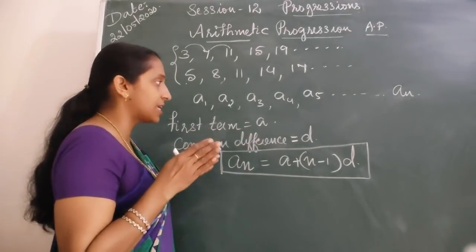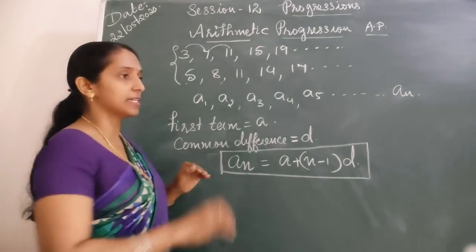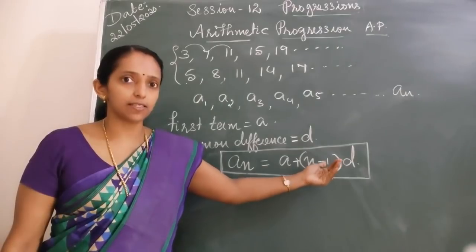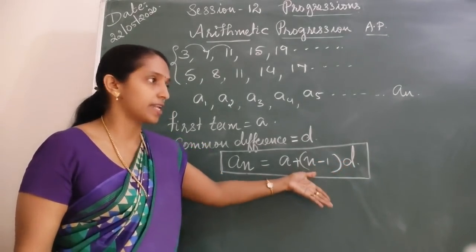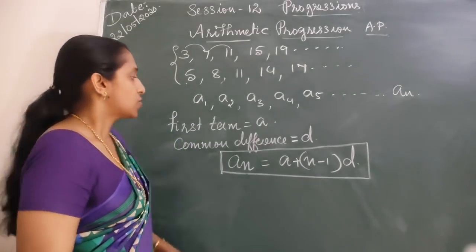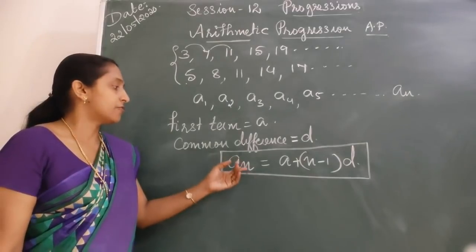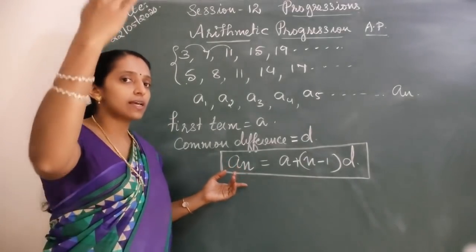If we have A and D, then we can find the nth term of the AP, which is given by A plus n minus 1 into D. There are many applications of this formula. Suppose two terms are given, the 7th term and the 12th term.